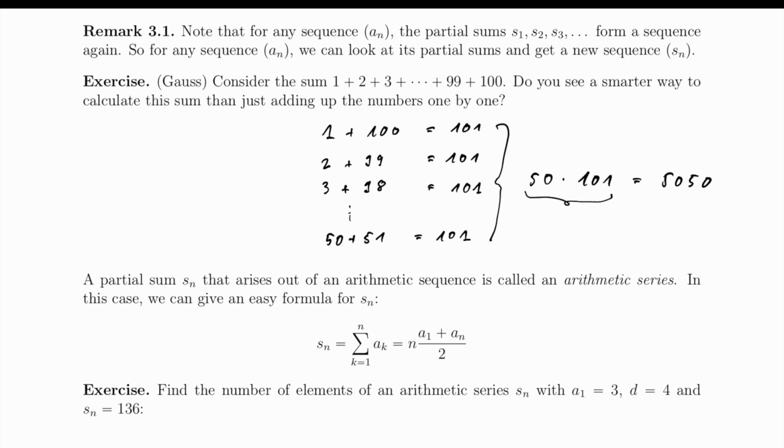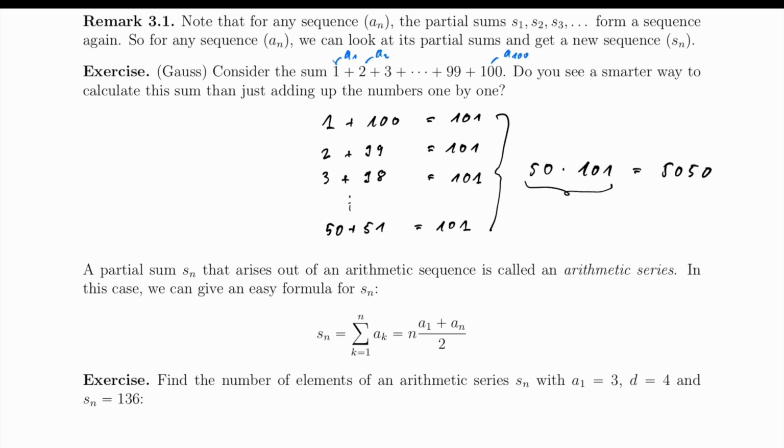So here, if I described this as, let's say, A1 is 1, A2 is 2, A3 is 3, and so forth, up until A100 is 100, then you could write this also as 100 divided by 2 times 1 plus 100.